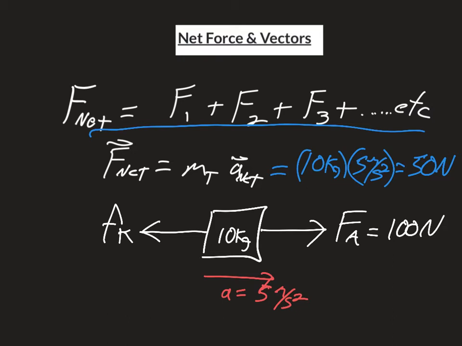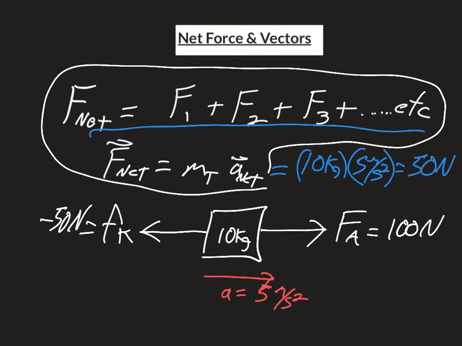So if I have 50 minus 100, I'm going to get that this is equal to a negative 50 newtons. Okay? So you can calculate these things based on these two formulas to figure out a good deal about it.